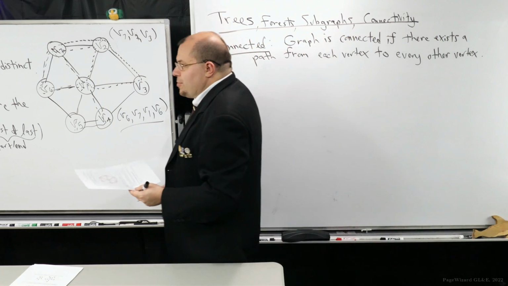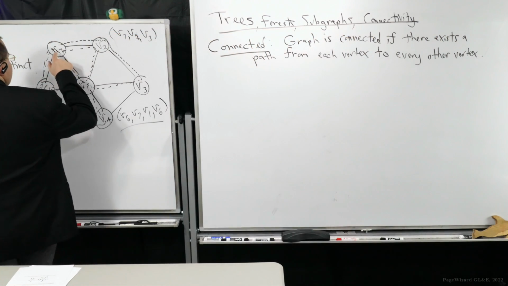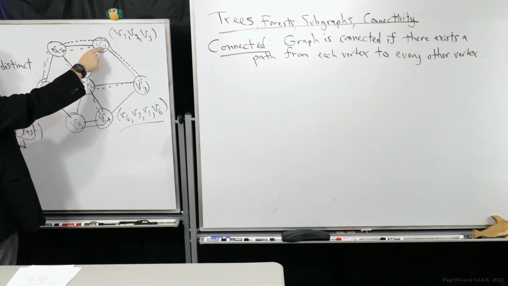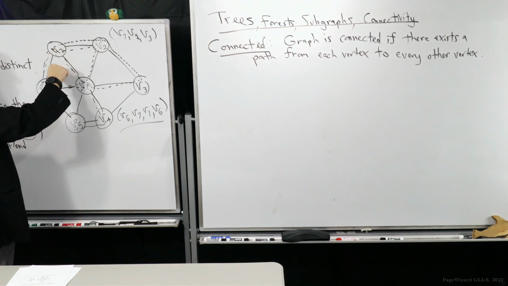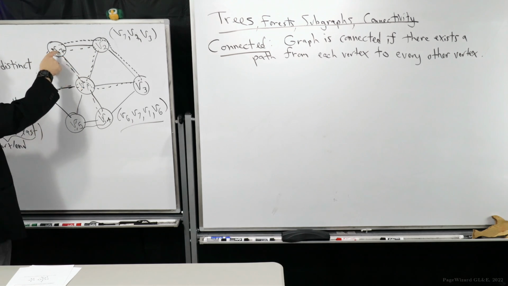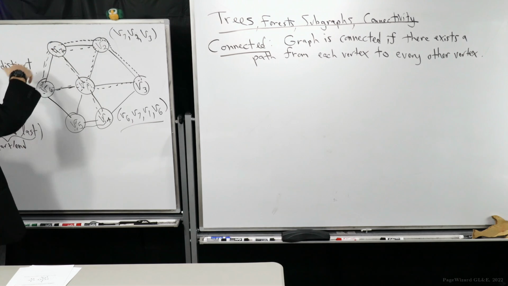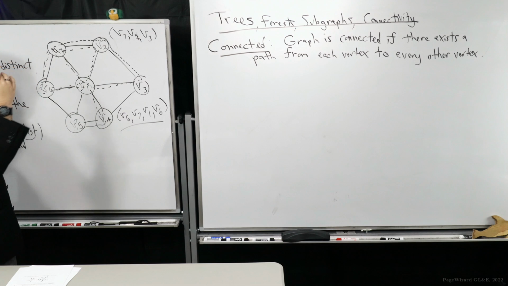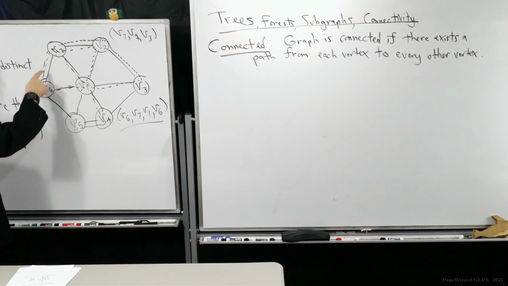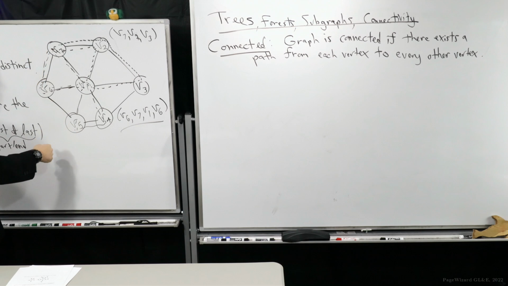Well, let's look at any one of the vertices here. So I pick V7 here. Notice there's a path from V7 to V2, right? Through this edge. There's several other paths too. I can get to V1, I can get to V6 directly. They're part of my neighborhood. So then I could also get to V5, for example, I'll take this path.